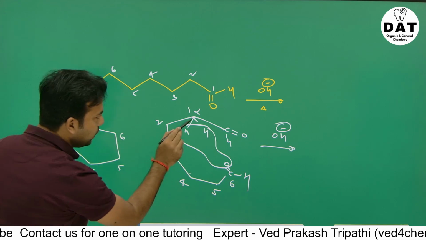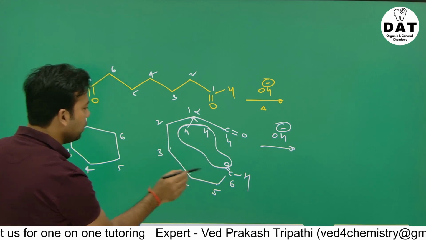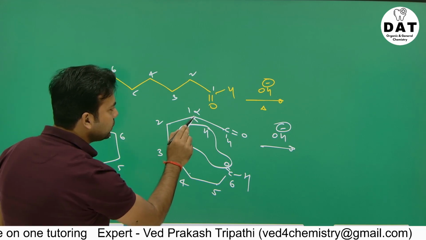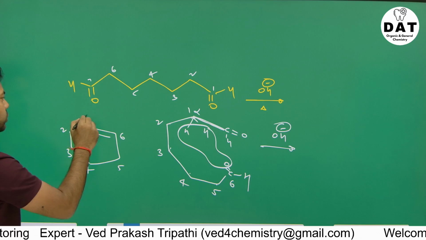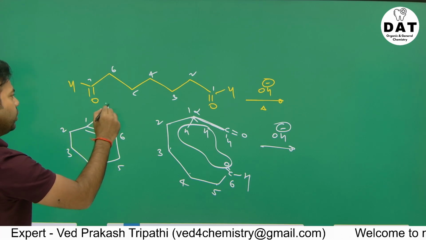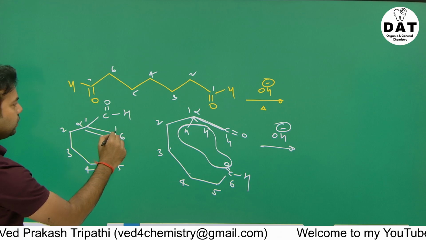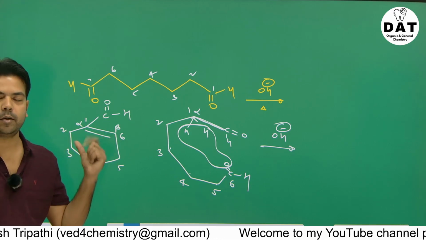You know that 1 is directly bonded to 6 by a double bond because there is a loss of a water molecule. So 1 to 6 is a double bond. And you can see 1 has an outside carbonyl. So 1 has C double bond O like this. So you can see this is alpha, this is beta. Alpha, beta unsaturated carbonyl. Clear?